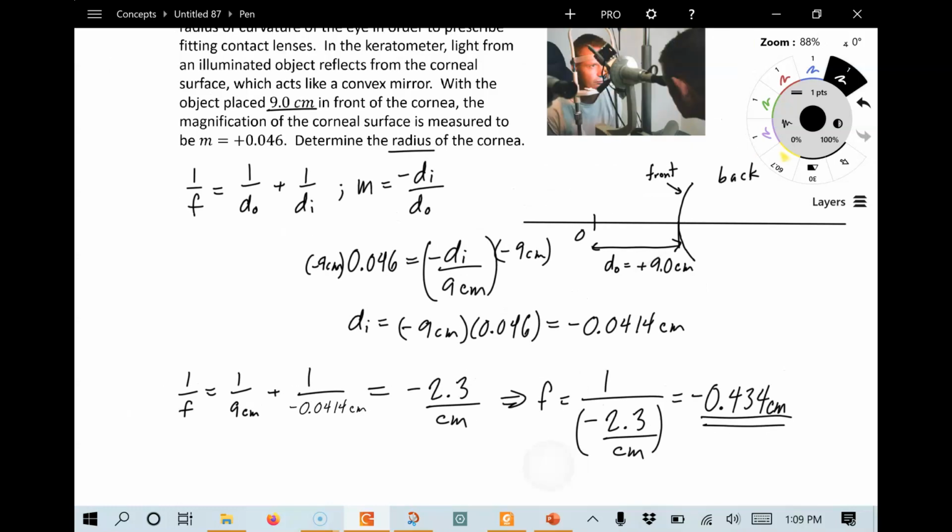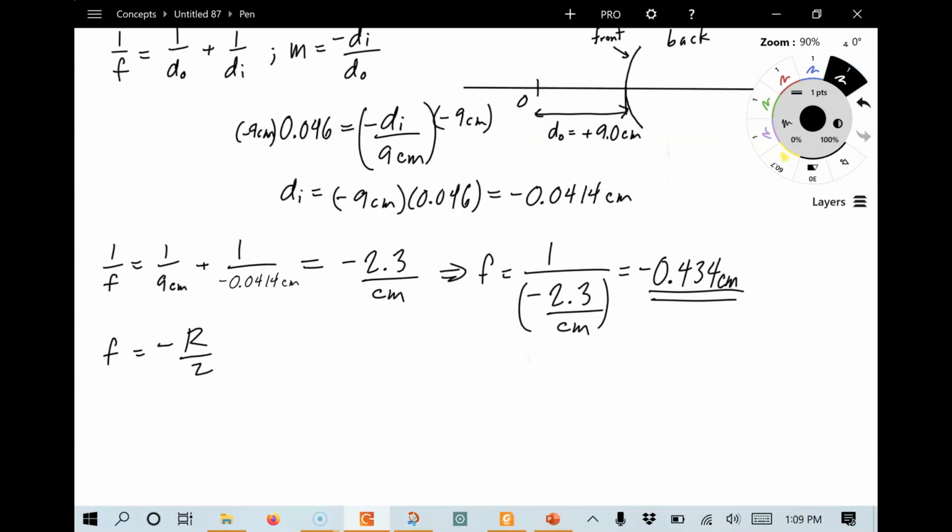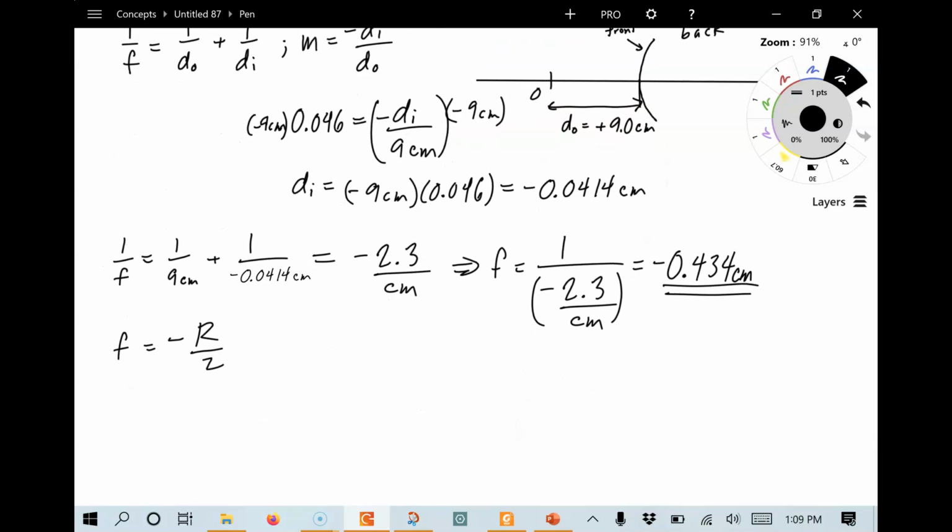Now finally, remember in this problem we're asked to figure out what is the radius of the cornea. So we know that the radius and the focal length are related. For a diverging or convex mirror, the focal length is equal to minus the radius divided by 2. For a concave, it's positive r over 2. So in this case, we just need to solve for r. Multiply by minus 2 on both sides, and that's going to allow us to get our r here.